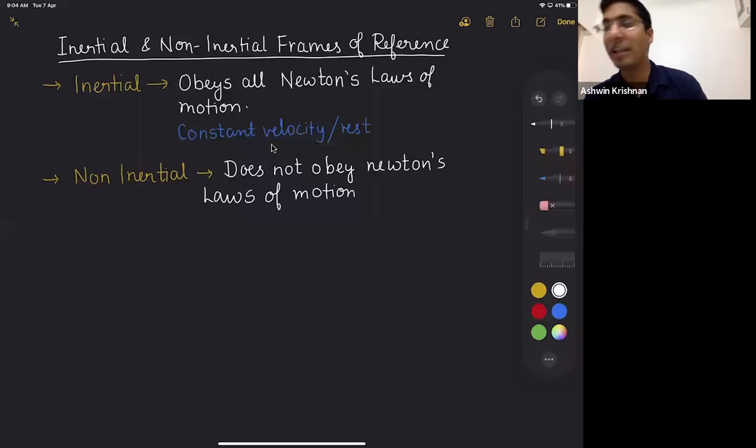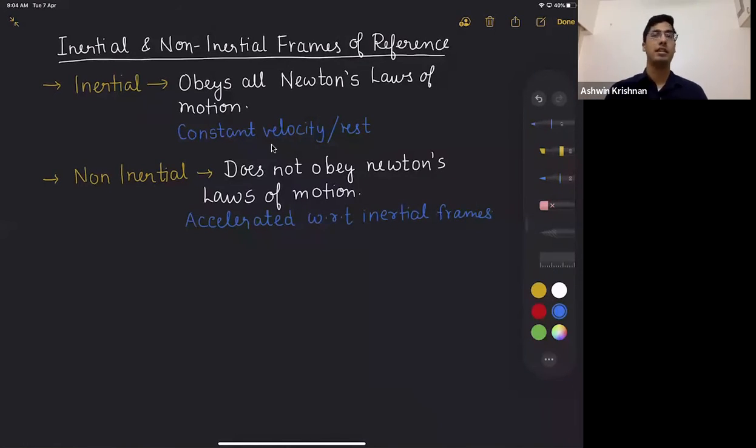Now, there is a special characteristic which helps us distinguish between inertial and non-inertial frames of reference. And that characteristic is that these observers are accelerated with respect to the ground or with respect to inertial frames.